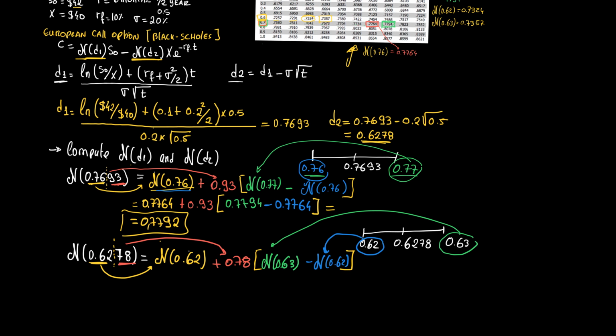So I plug in these values back here. So this is going to be equal then to 0.7324 plus the scaling factor 0.78 multiplied by the upper bound on this interval, which is 0.7357 minus 0.7324.